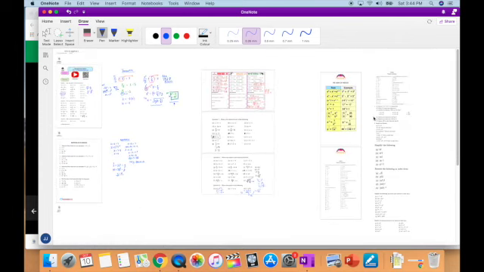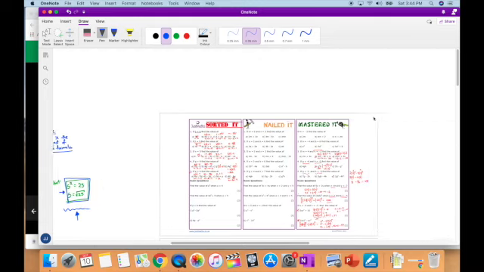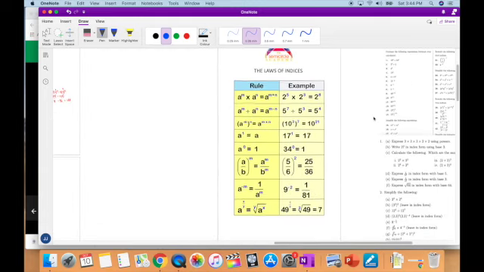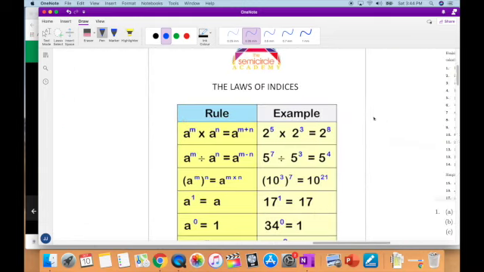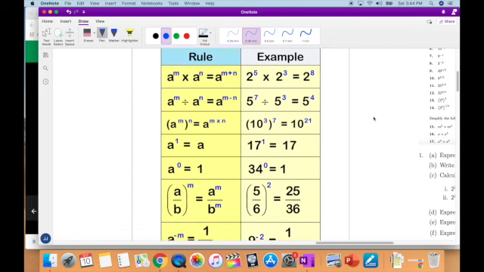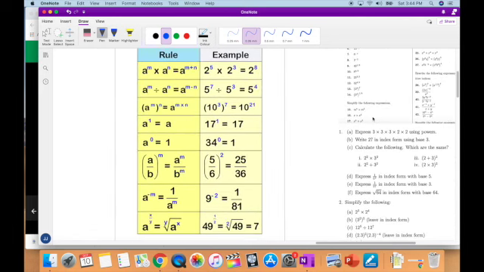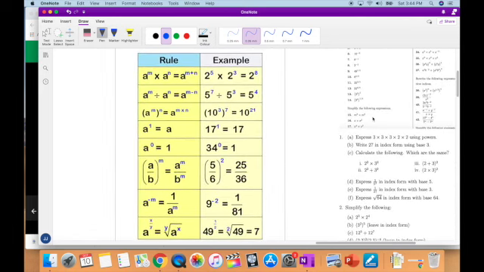So today, what we're going to be doing is a review of the laws of indices, right? So we have our laws of indices here. Now, we did the laws of indices just a couple of weeks ago. What we were doing was number theory, just basic arithmetic, and we were taking a look at how the laws of indices are used in normal numbers like this.